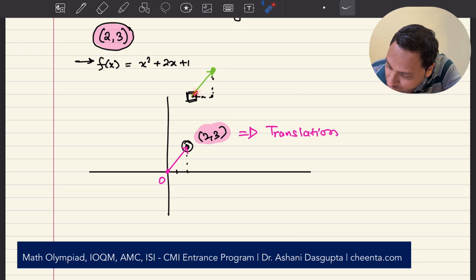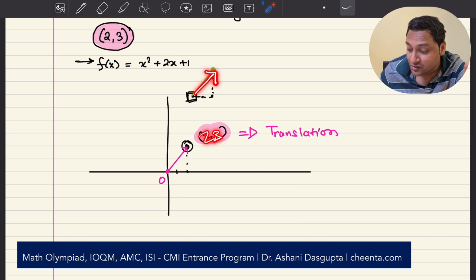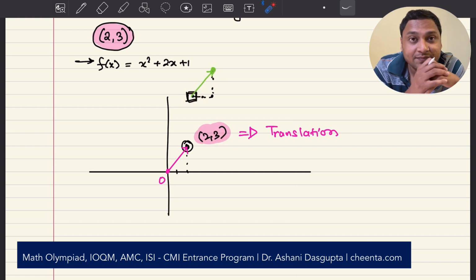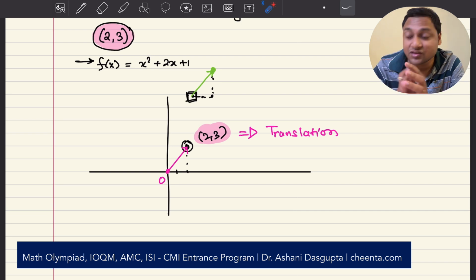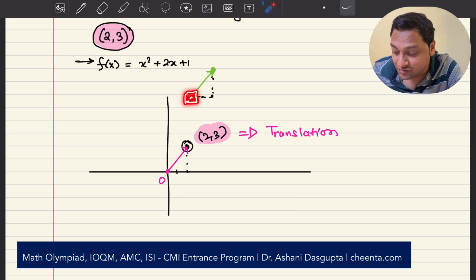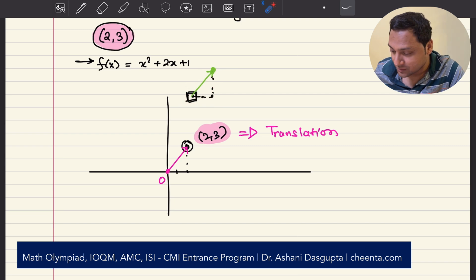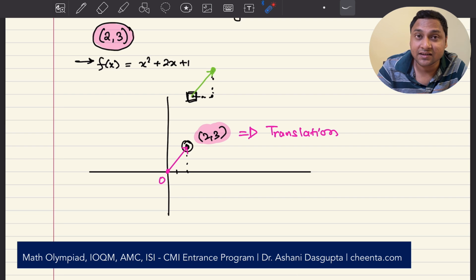So this arrow is represented by 2, 3, though it is starting at a very different point where the actual square is. So if I say give the square a translation of 2, 3, then that's exactly what you do. You move it along this particular arrow, which can be broken down into two components: horizontal 2 units, vertical 3 units. Okay, so I hope you understand how we can use vectors to represent translation.